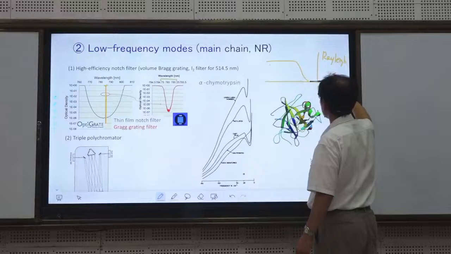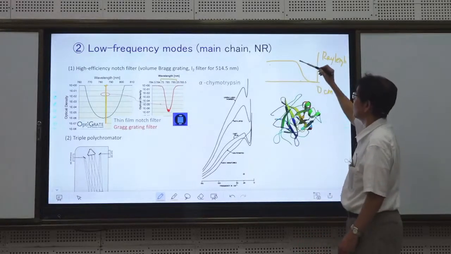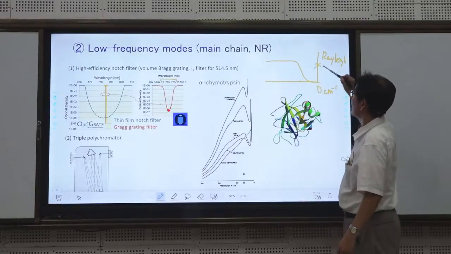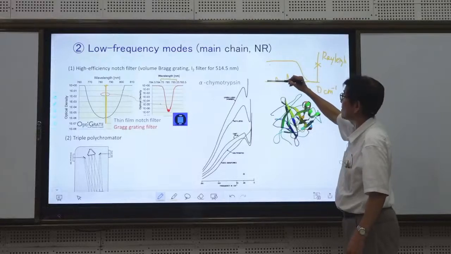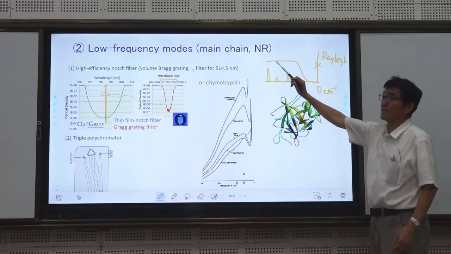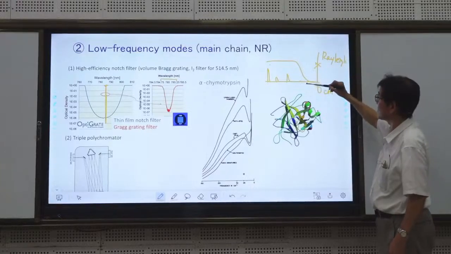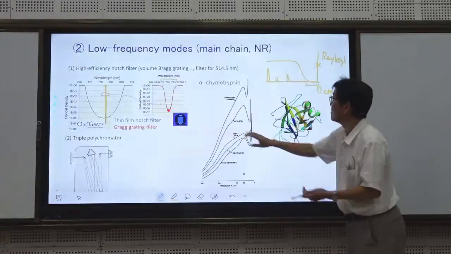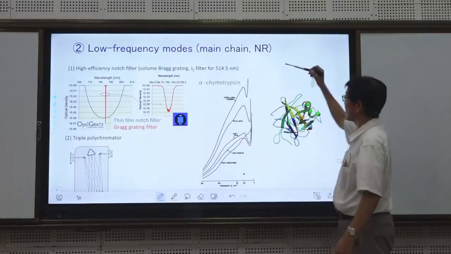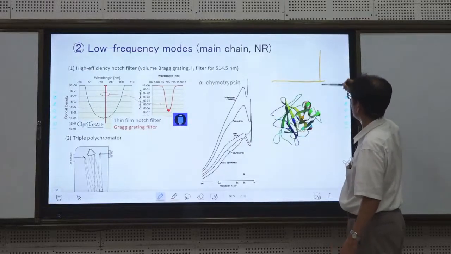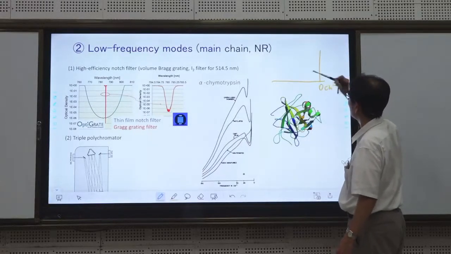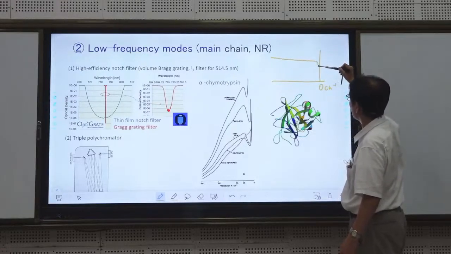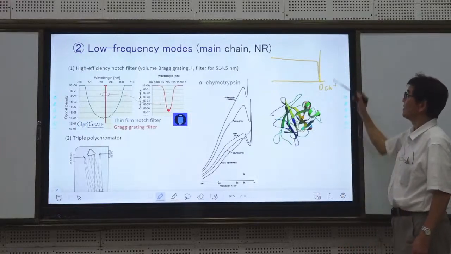Usually we use such a filter, not the expensive one, and this is the transmittance. By using this filter, we can cut the Rayleigh line and find some gamma bands. But as long as we use this filter, we cannot check this region. By using this nice filter, the transmittance is something like this.